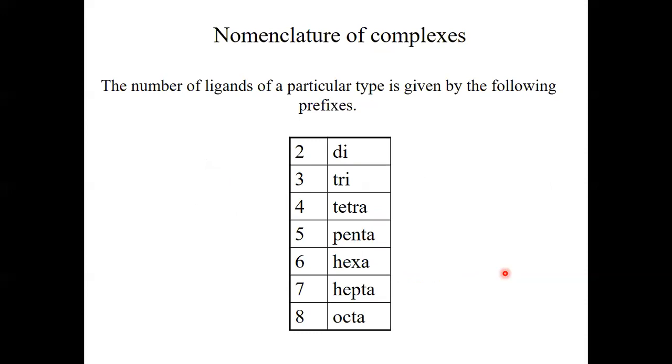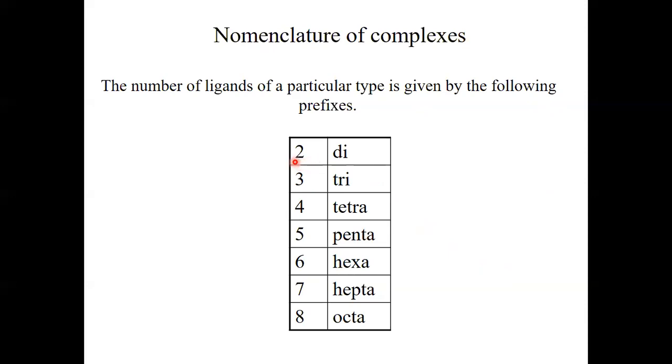So now let us try to find the names for coordination compounds. So first of all, we have to consider that there may be more than 1 ligand attached to a particular metal, and we indicate how many ligands we have by Greek prefixes.